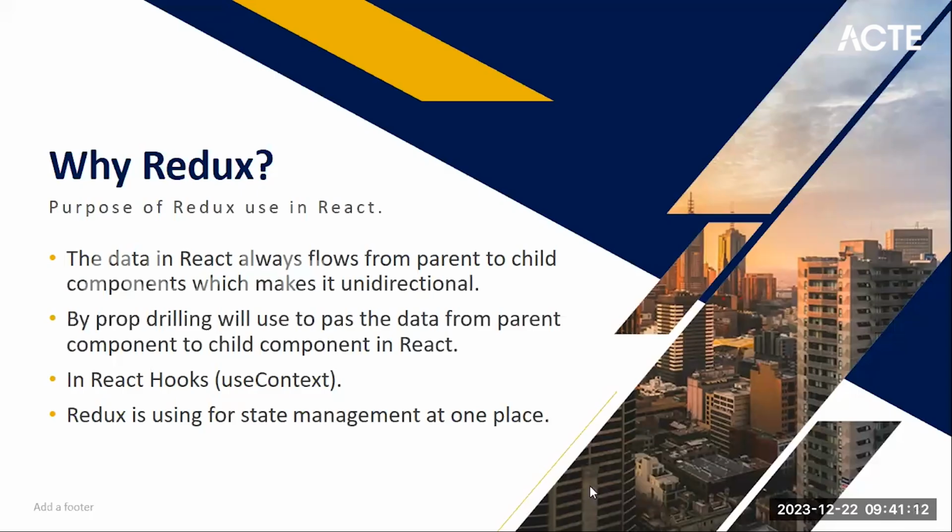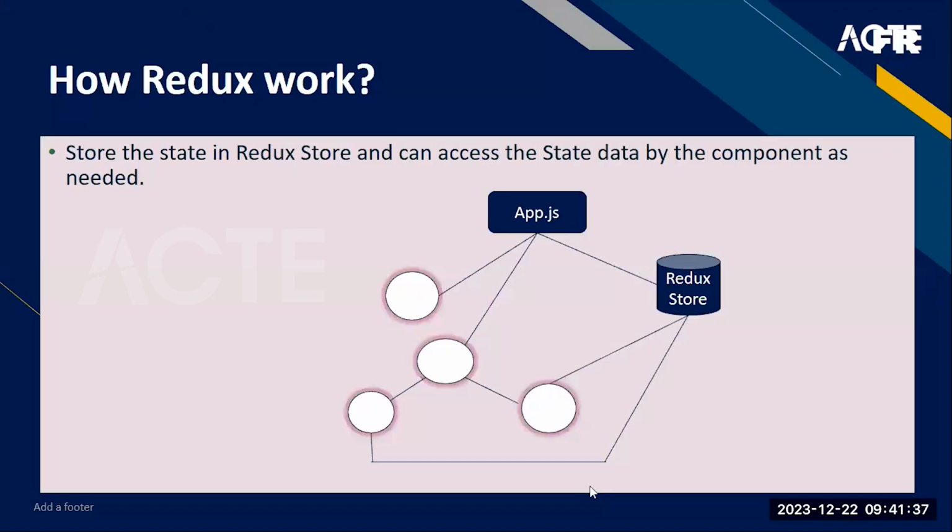Props drilling is used to pass the data from parent component to child component in React. In React hooks, useContext is the solution for that. But Redux is used for state management in one place, where you store your state values.